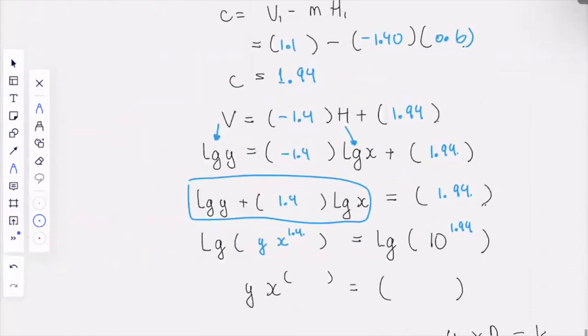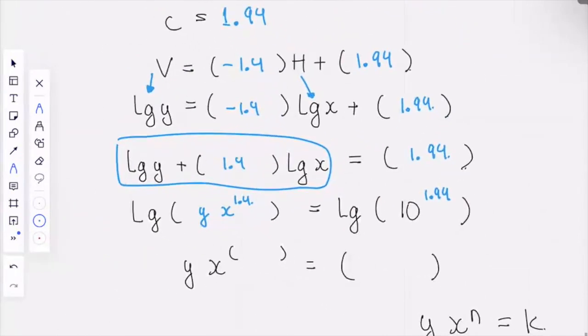We remove the log for both sides. y times x^1.4 is equal to 10^1.94, we use calculator, 87.1.